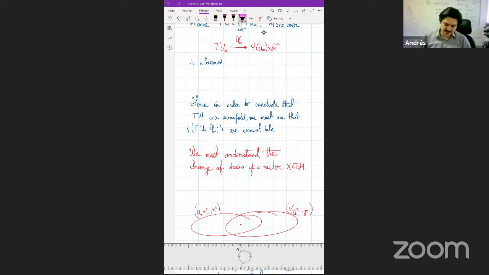Right, so consider two charts, U and V, with coordinates x1 up to xn and y1 up to yn. And let's take a point in the intersection.